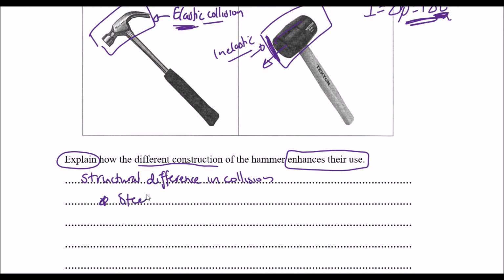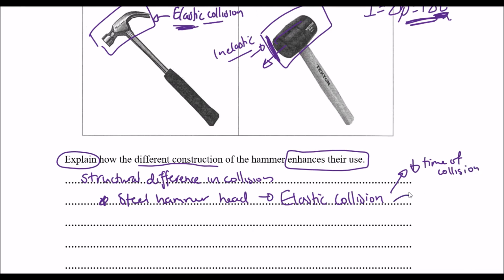For our steel hammerhead, we'll have a case of a more elastic collision, and that would mean that upon collision, it's a shorter period of time in collision, which will result in a greater force of impact.